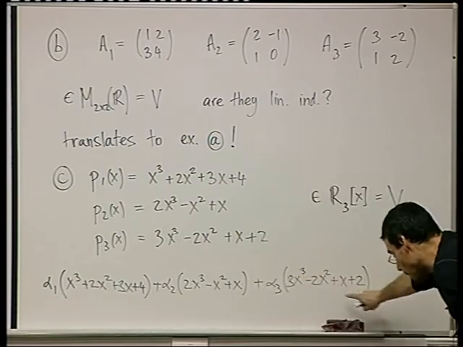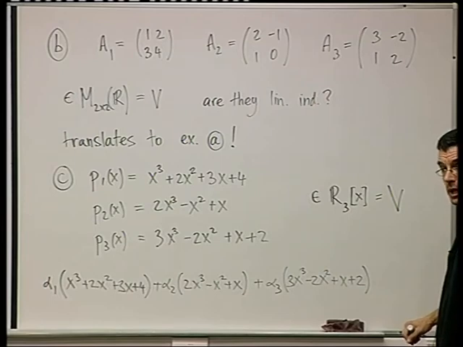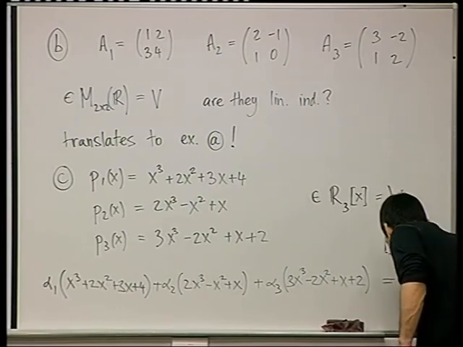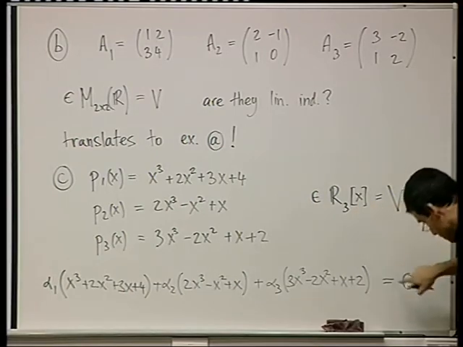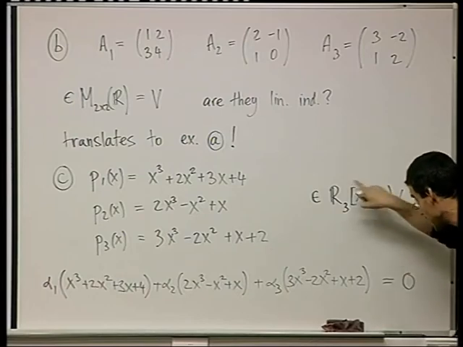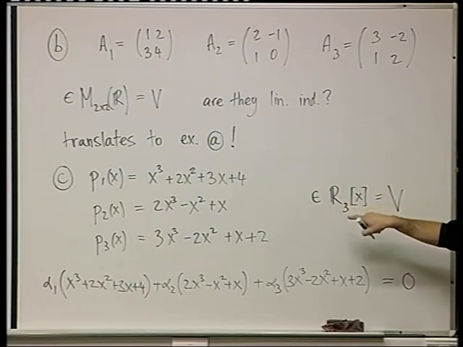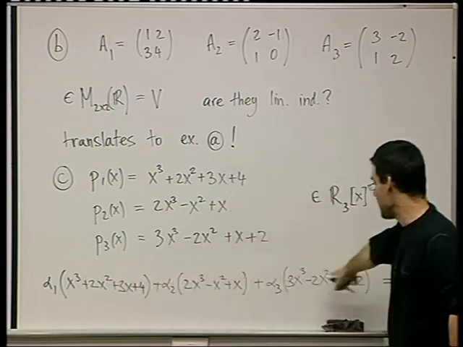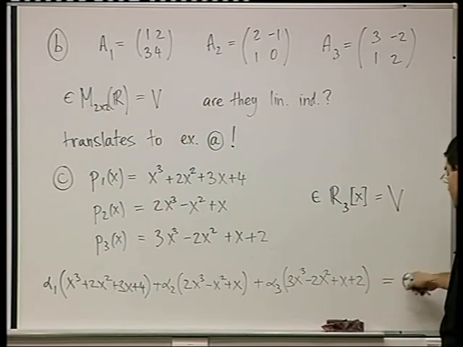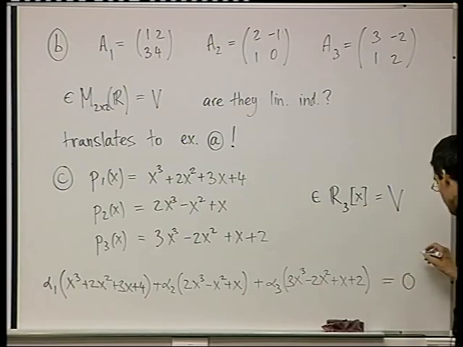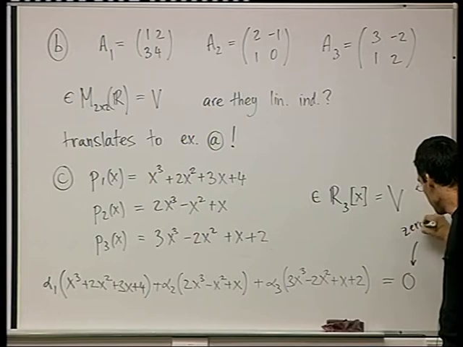This is a linear combination of polynomials, right? And the question is, what's this 0? It's the 0 polynomial, the 0 vector in this vector space. And I'm asking, is this linear combination of vectors, which happen to be polynomials, equal to the 0 vector? The 0 vector in this vector space is the 0 polynomial.